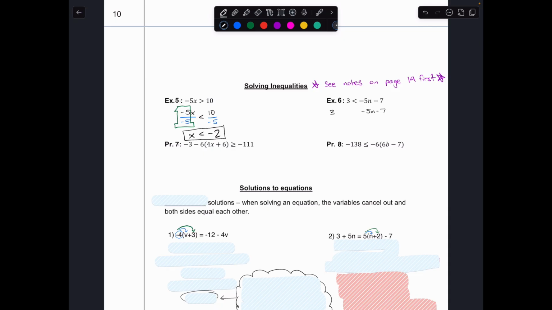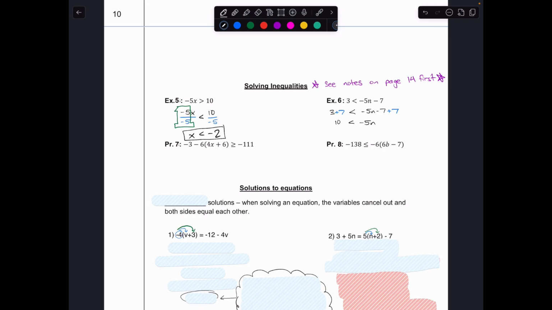So I can add 7 to both sides of this inequality, and adding or subtracting does not change the direction. It's still going to be less than. And we can simplify this. 3 plus 7 is 10. Negative 5n doesn't have any like terms on the right side, but negative 7 plus 7, that's 0. That's what we want. We're trying to get n by itself, right?